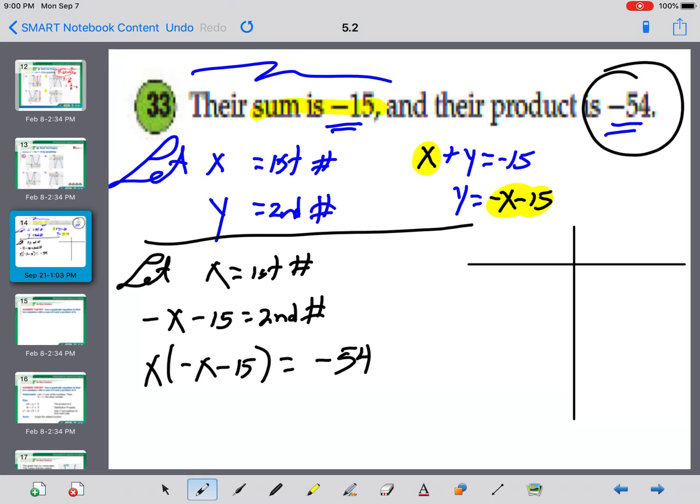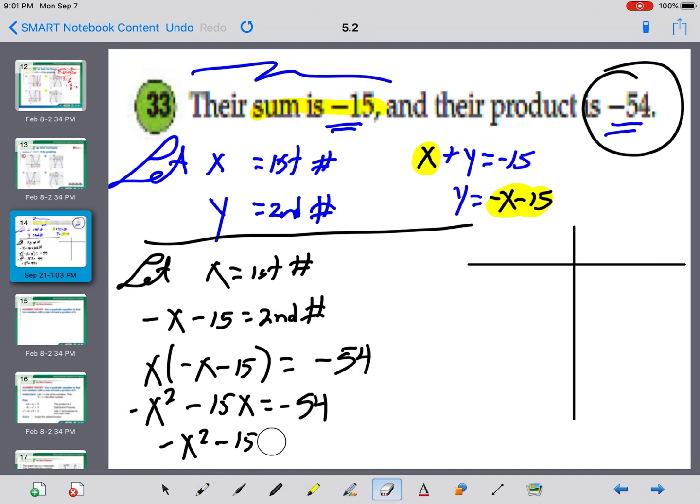Then they tell us that the product of those two numbers is negative 54. So in other words, x times negative x subtract 15 is equal to negative 54. That's negative x squared minus 15x equal negative 54. If you don't mind, I'm going to make that equal to 0.